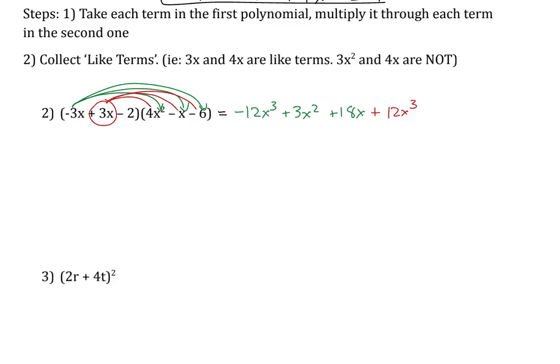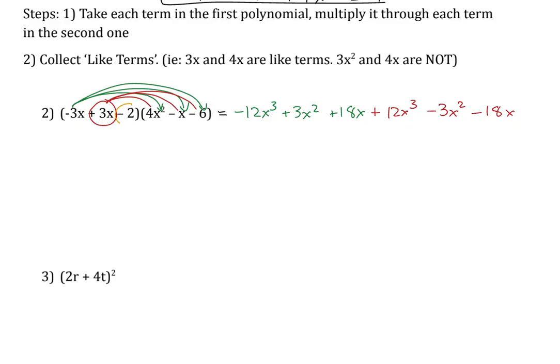And then negative 3x squared. And then positive 3x times negative 6, which is going to be negative 18x. So, in all honesty, look at this. We have a whole bunch of zero pairs that are going to cancel. But I digress. We'll get to that in a bit.